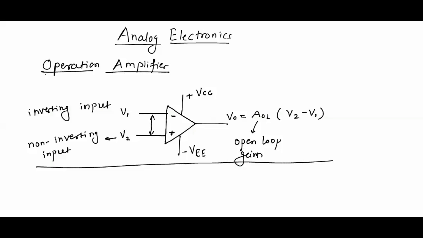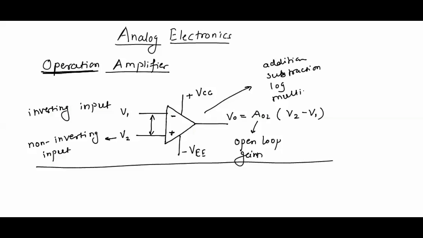An operational amplifier has been given this name because it is used along with some additional passive components. It can be used for mathematical operations like addition, subtraction, log, multiplication.